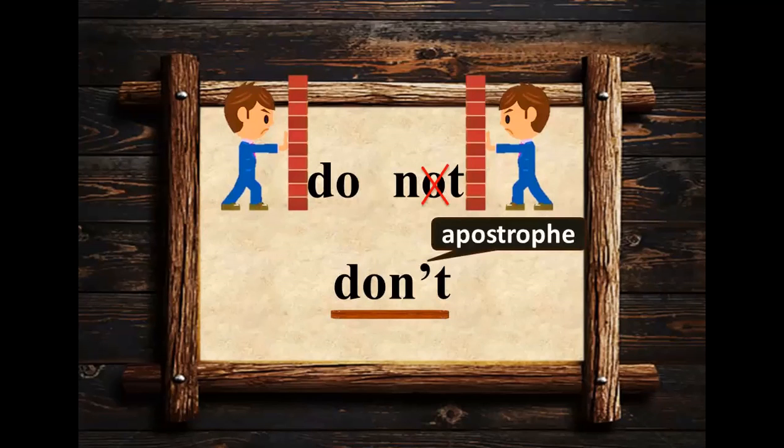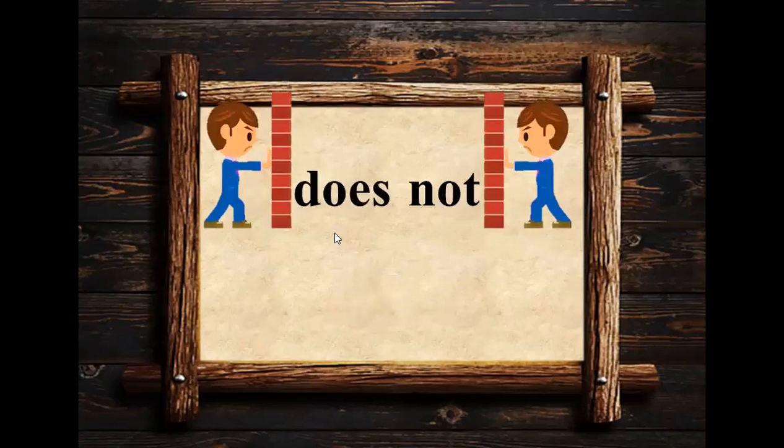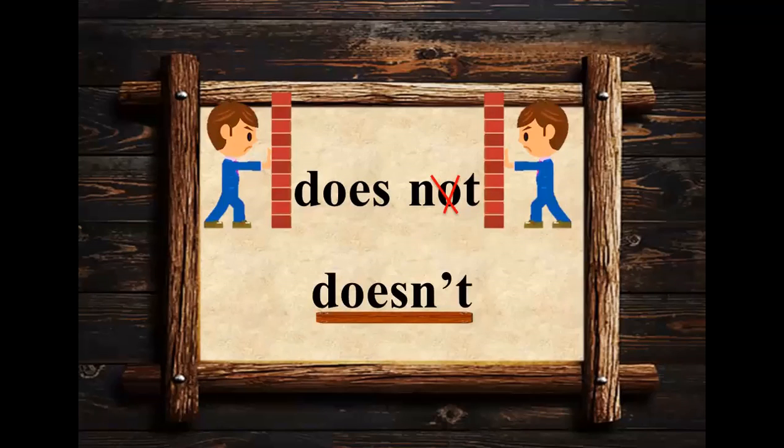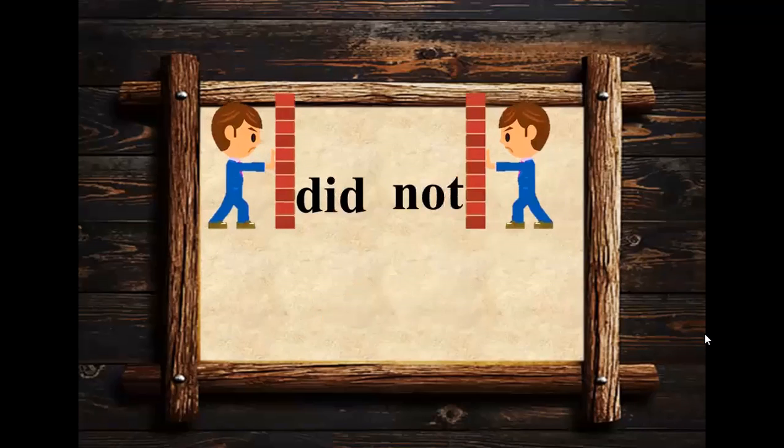Let's check out our next example, children. Here we have got two words, does not. By now, you must have understood that when the word not is in the second place, we remove the letter O in order to get the contracted form doesn't. And in place of the missing letter O, we put an apostrophe. Moving on to our next example, did not.